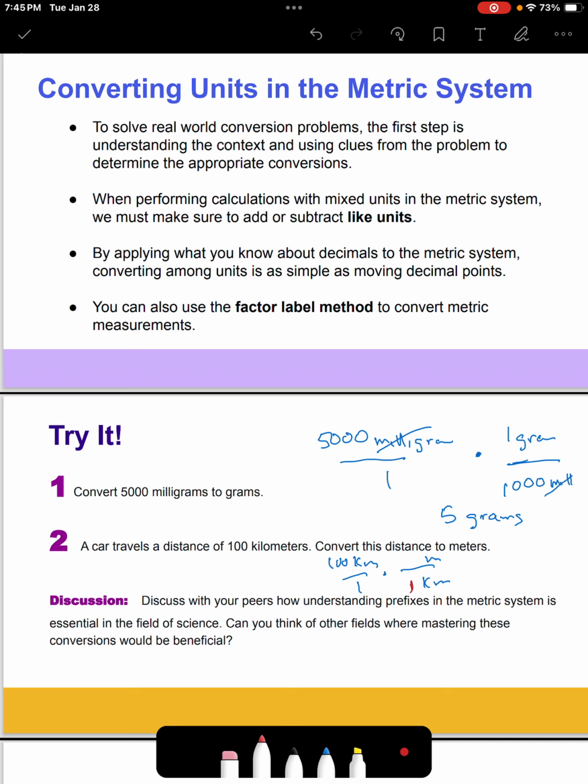So you multiply 1,000 times 100, and that gives you how many meters you have. You take 1,000 times 100, and you get 100,000 meters, because these cancel off.